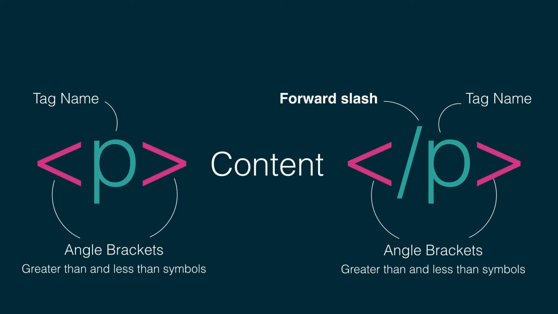The forward slash, which is on the closing tag, is how you know that it's a closing tag. And that's where the closing tag tells the browser that it's time to stop parsing the tag that had opened. And in the middle is the content. Now, you may or may not have guessed, but this is a paragraph tag, which is why it starts with a P.